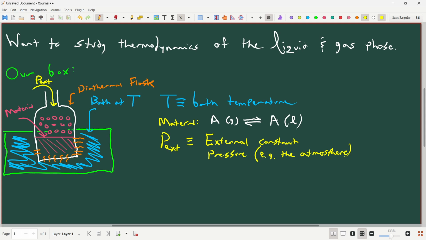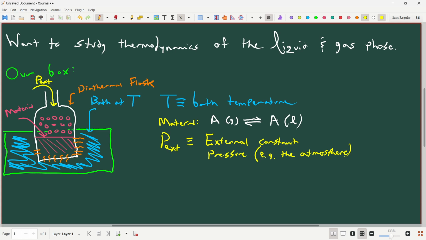So this might seem like a real box to you. We've been talking about these magical closed boxes, which are great and controllable, but now we have this slightly more complicated system where things can exchange in terms of pressure. Remember the idea is that we've built a box.